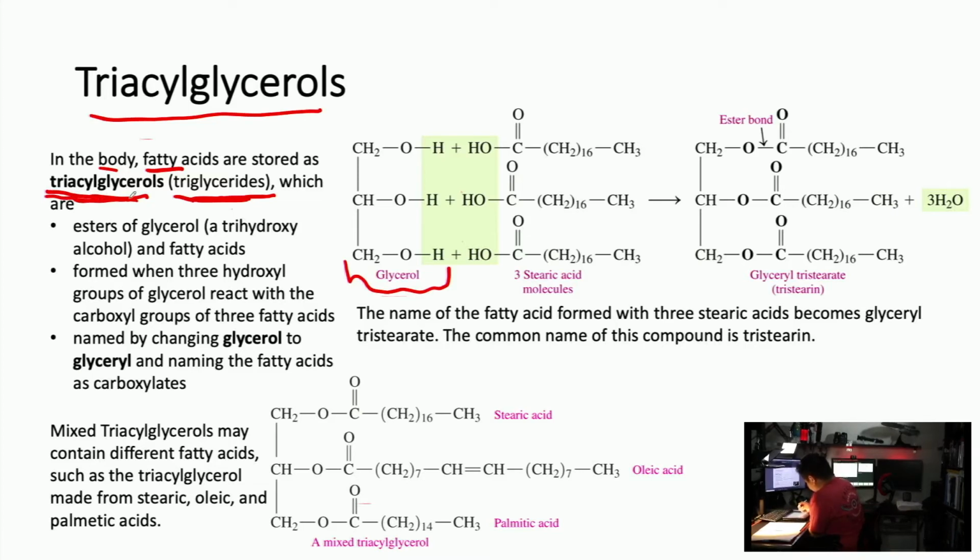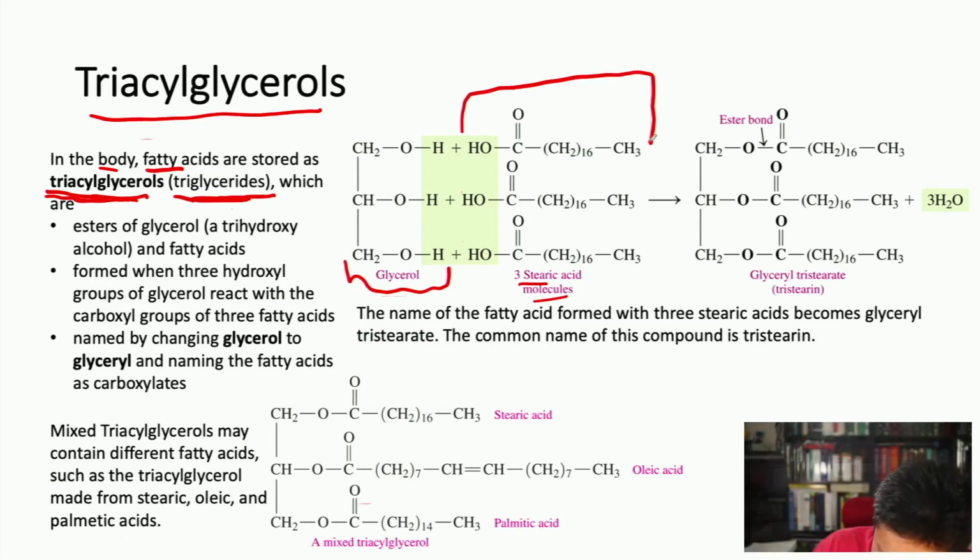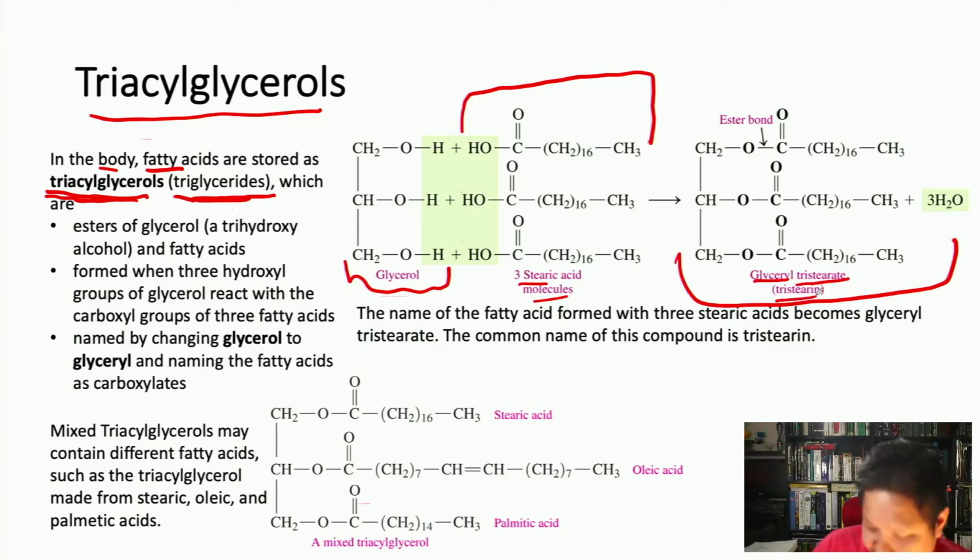Using stearic acid as the example here, we make a triacylglycerol by combining glycerol with 3 molecules of stearic acid. And that makes a triacylglycerol known as glyceryl tristearate, or for short, tristearin.